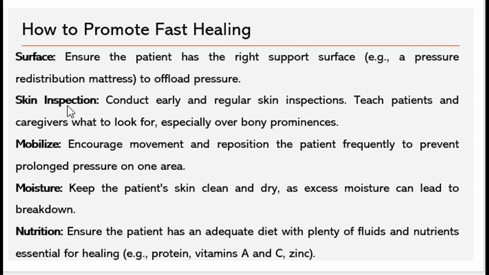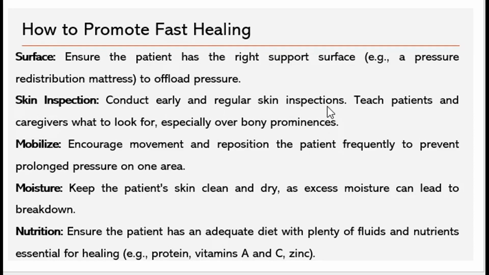Skin inspection. Whenever we change the position of the patient and give care, we should inspect the skin of the patient, to see whether there is any chance of a new pressure injury. So conduct early care and regular skin inspection.